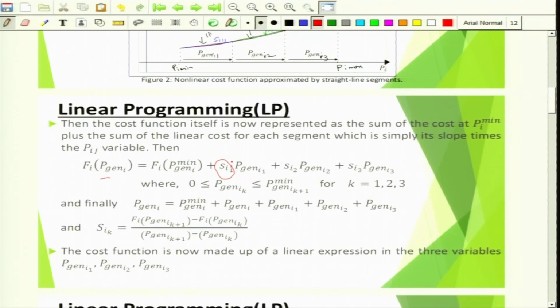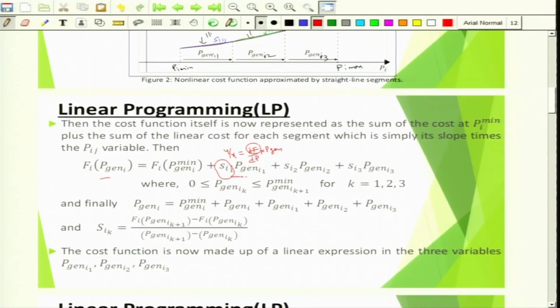It is very simple. You can see what is slope. Slope is nothing but y by x mathematically, which is nothing but df by dp, or f by p, whatever you take. This times the generation, again you will get the cost only. df by dp times generation will give you the cost.